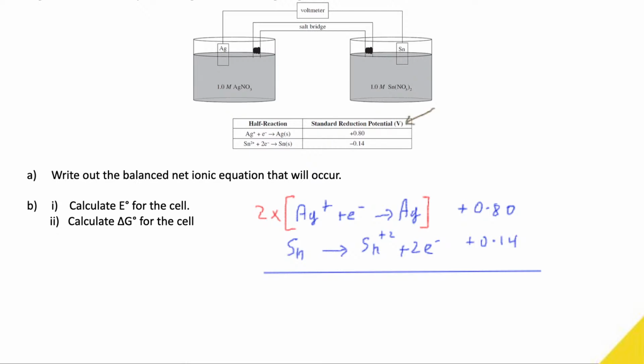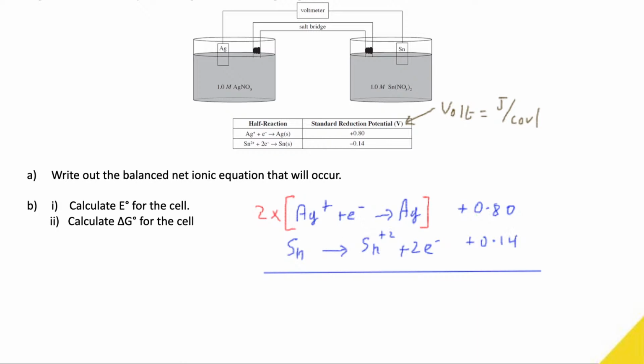So a volt is actually joules per coulomb. Or another way of looking at it is energy per electron. So while I may have twice as many reactions going on, my energy per electron will stay the same. And therefore, I only need to multiply this by 2, not this.